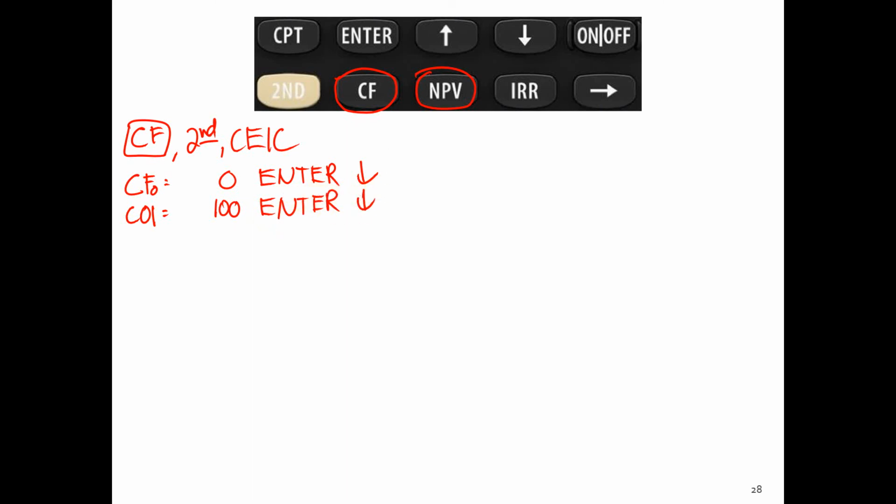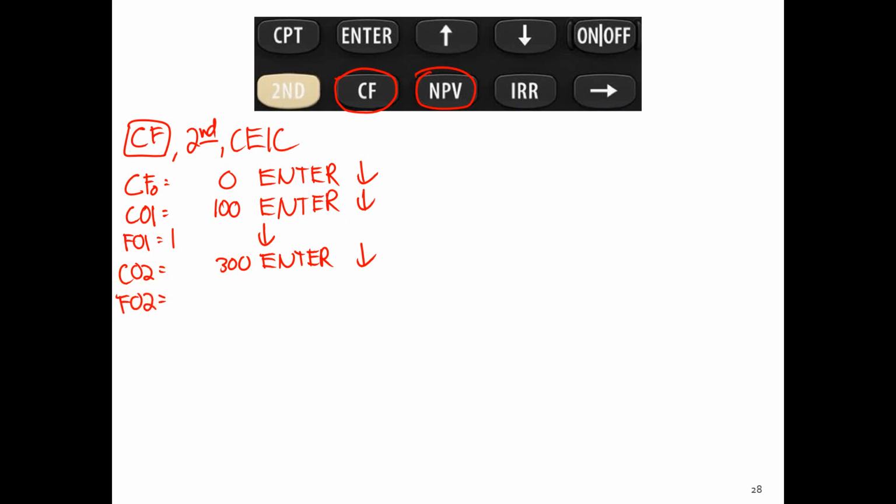We scrolled down once and F01 showed up on the screen as 1, and we didn't change it at all, so we just scrolled down. C02 shows up on the screen. We typed in 300. We hit enter and scrolled down once.